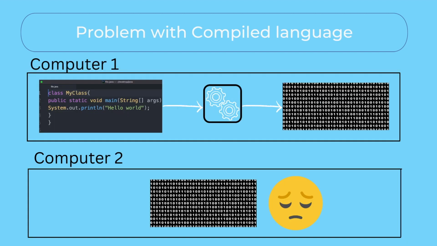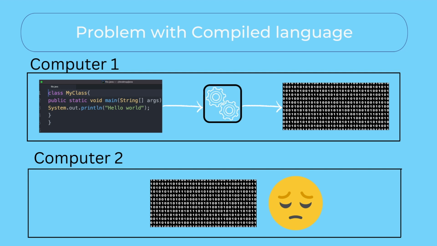Now let us try to understand the problem with compiled languages like C and C++. So in those languages, if you compile your program, you have your output as a machine code, right? So if you try to copy this machine code and simply run it on a new system, it might not work, right? This could be due to a different kind of OS or different processor model.